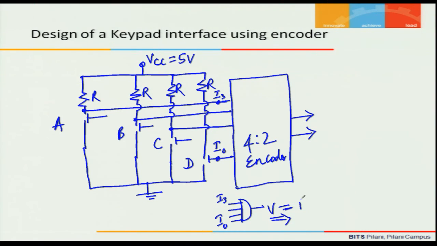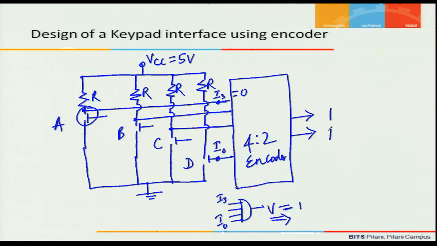Now if any one of the keys is pressed, for example if key A is pressed, the corresponding input I3 becomes a logic 0. Now we have taken this 4:2 encoder as an encoder with active low inputs, which means if my I3 is 0, which means the I3 input is activated, the corresponding bit pattern at the output is going to be 1 1.